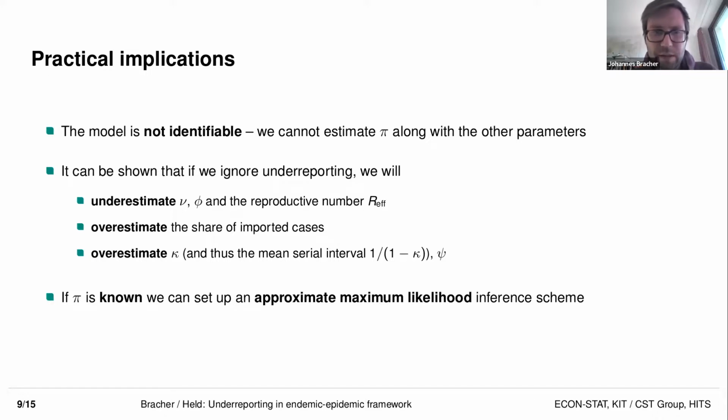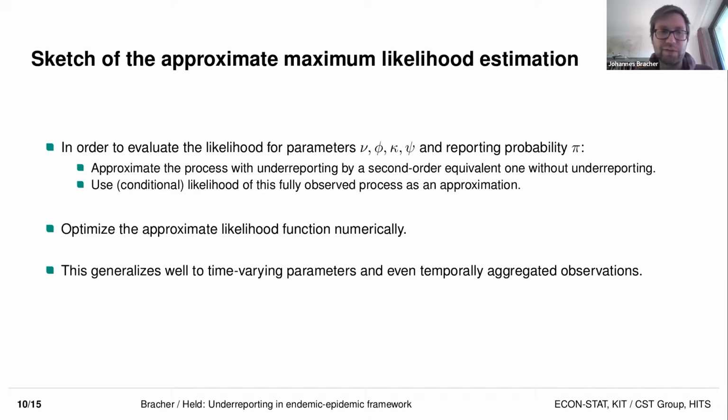But what's nice is that all this theory on almost equivalent models that we have in this paper also allows us to put in place a very simple inference scheme, and I'll try to sketch that here. We'd like to do likelihood inference, but it's difficult to evaluate the likelihood of such two-level models. But as we have all this theory of approximating more complex models by simpler models from the same class, we can also get good approximations of their likelihoods.